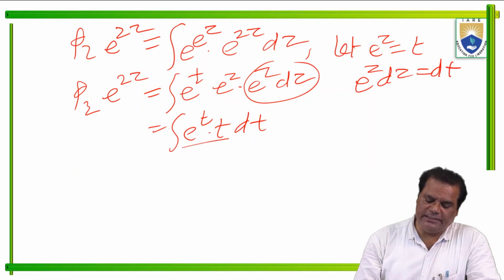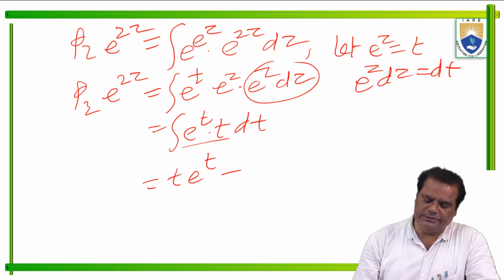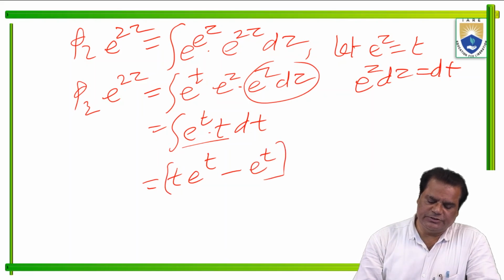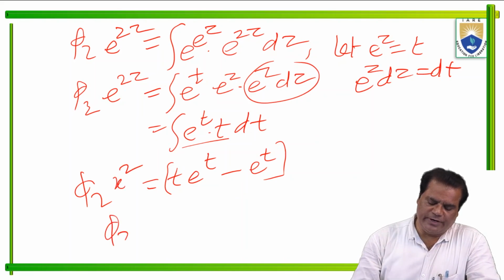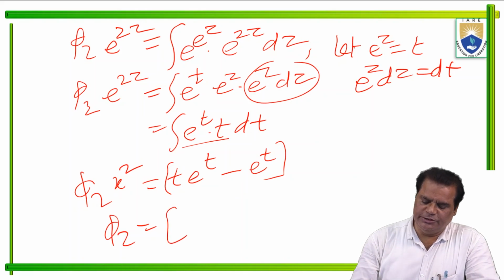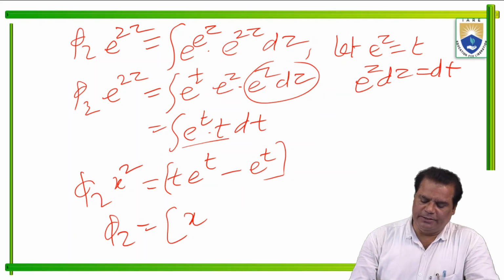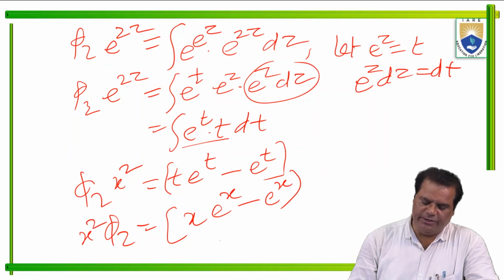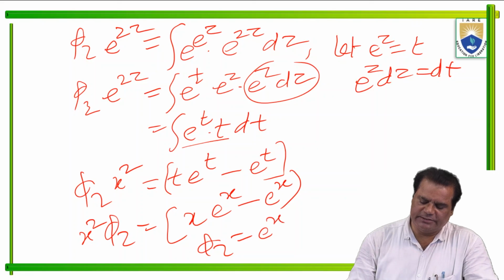Now integrating this by parts, t e^t minus e^t. And e^z is x, so this is x squared. So phi 2, putting t equal to e^z means x, is x e^x minus e^x over x squared. Now phi 2 is e^x common upon x squared times x minus 1.